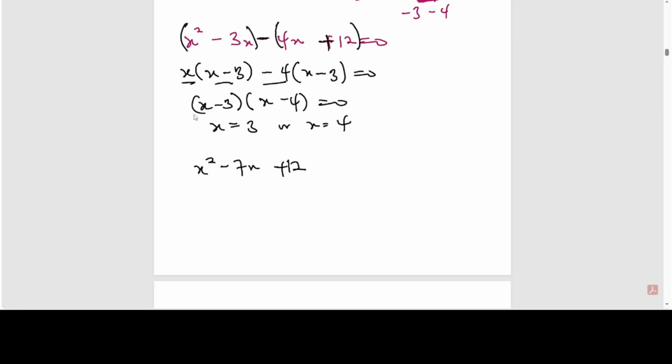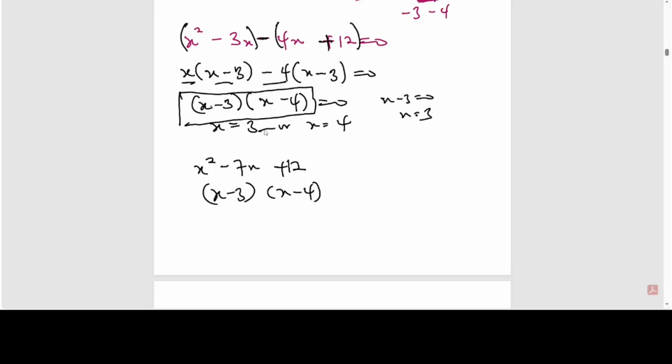But when you get to this part where you get x minus 3 and then x minus 4, at this part over here, we're able to equate each one of them to 0. So for here, I think I skipped a step. We wrote x minus 3 equal to 0, so x equal to 3, which is here.